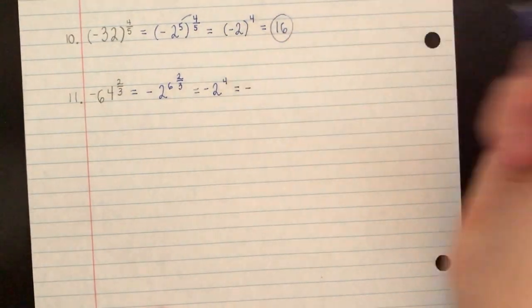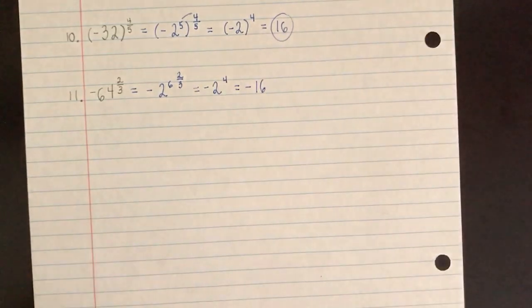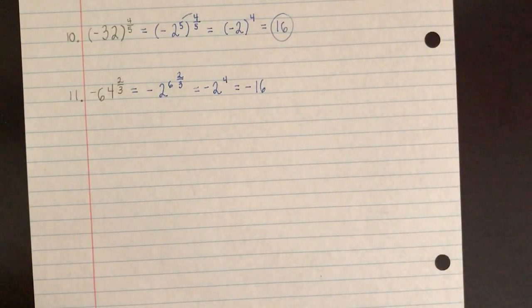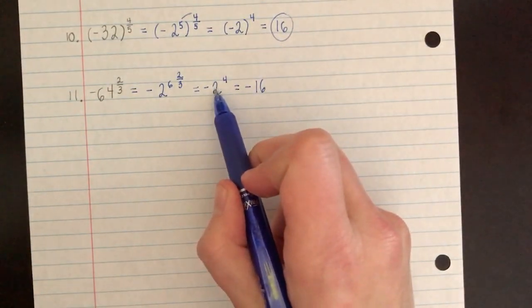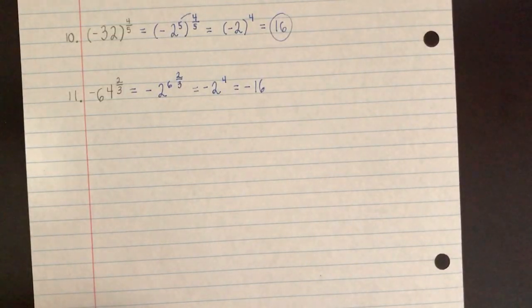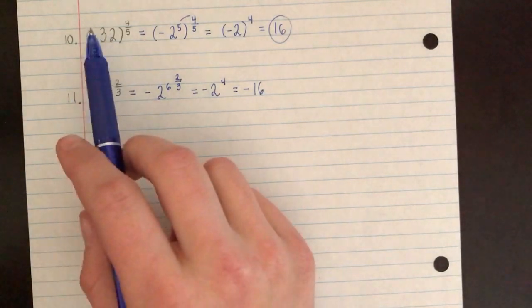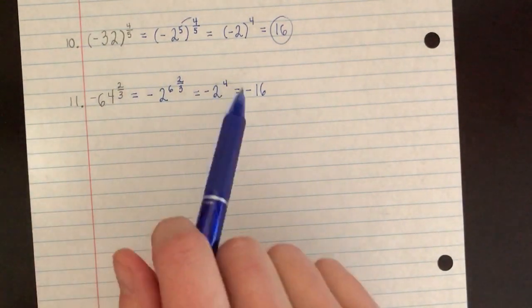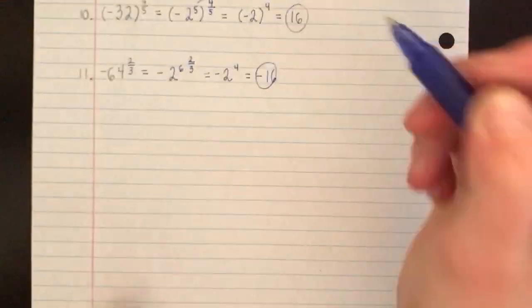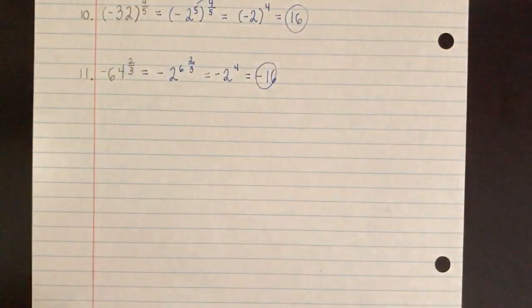You're going to keep the negative and it's going to be -16. Because really what's happening here is you're only raising 2 to the 4th power, not -2 to the 4th power. The negative stays out in front. It remains. It's very different from if the negative is inside. So I just wanted to make that very clear for when something like that arises.